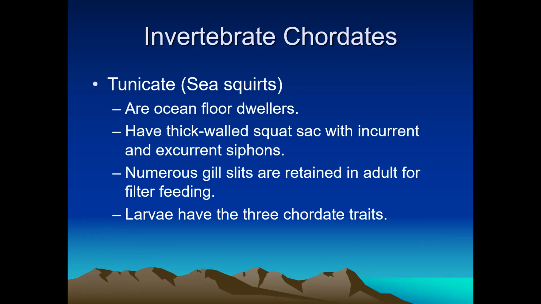It's something weird, but its larva has all 3 chordate traits, and then loses them for some reason. That's why it's in this category. It's probably the weirdest that I know of, though I won't say I know all the possibilities, but this seems to be the weirdest example of a chordate of all of these.